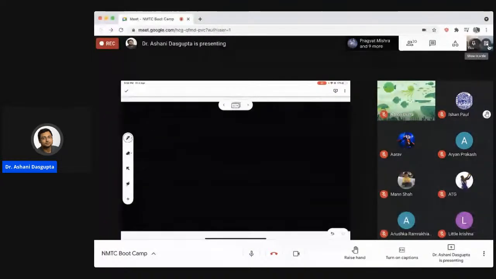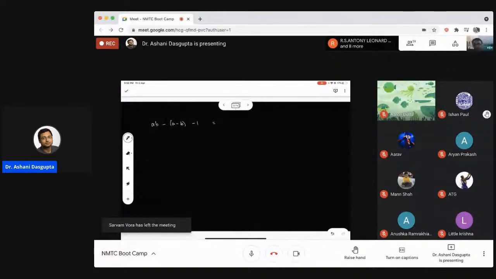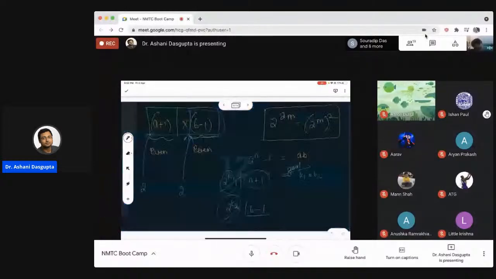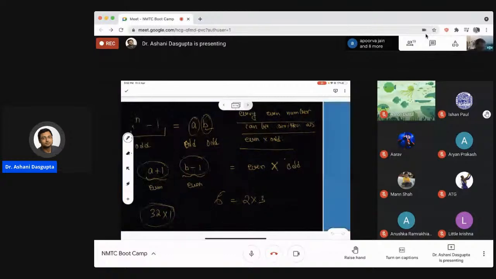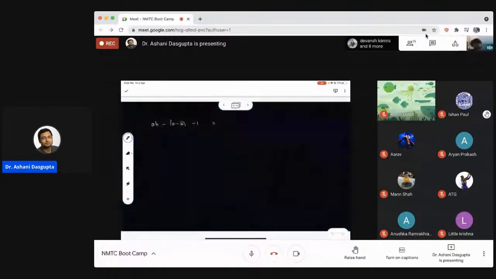So what do we have so far? We have ab minus a minus b minus 1 is equal to a plus 1 times b minus 1. So we have the following information so far: a to the power n minus 1 equals ab, and this is equal to a plus 1 into b minus 1, and we know that a plus 1 is even, b minus 1 is also even.